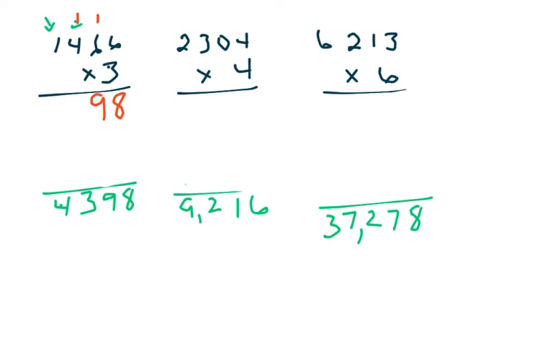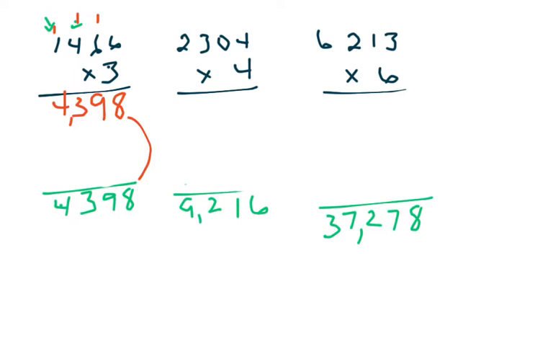Regroup into the hundreds place, my 1. 3 times 4 is 12 and add 1, 13. Regroup the 1 over in the thousands place now. 3 times 1 is 3 plus 1 is 4. Got the same answer.